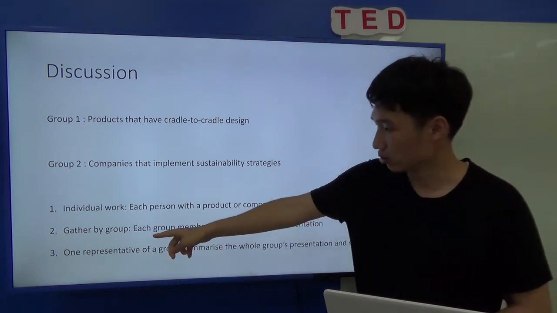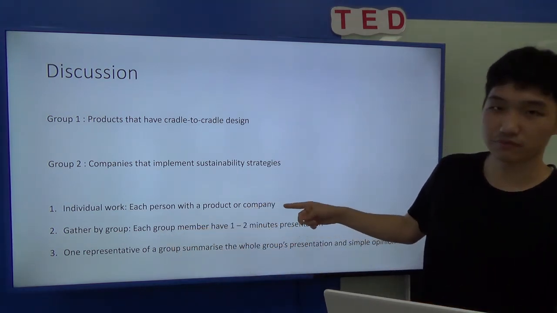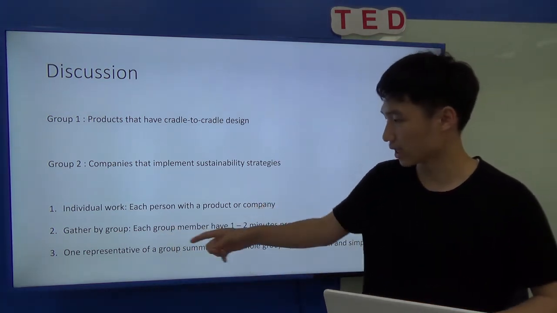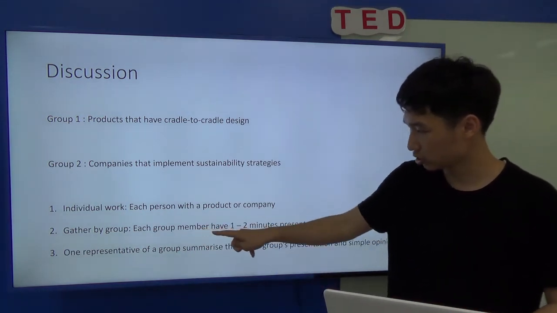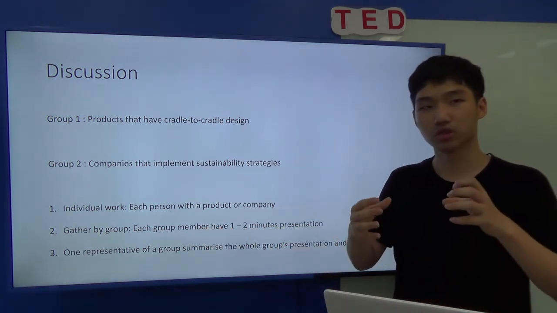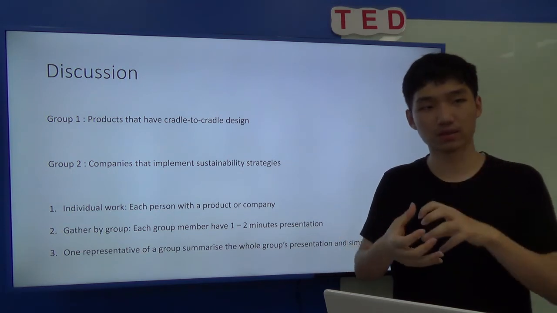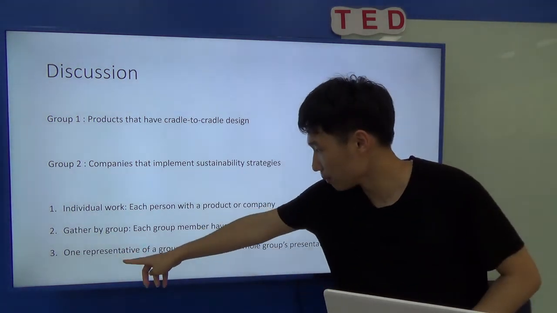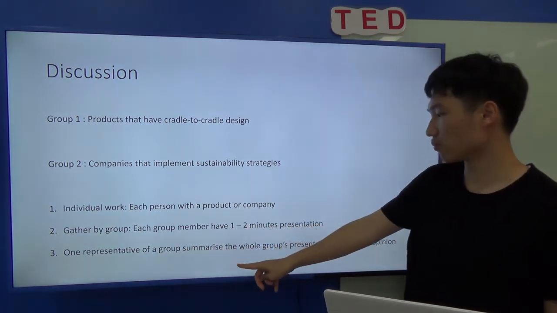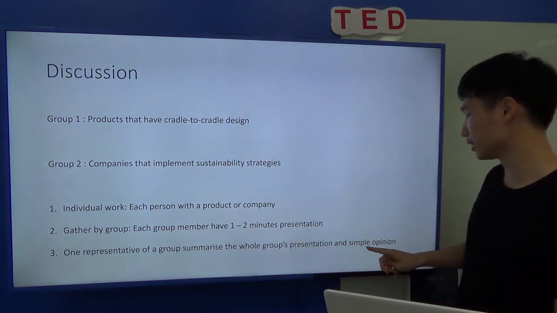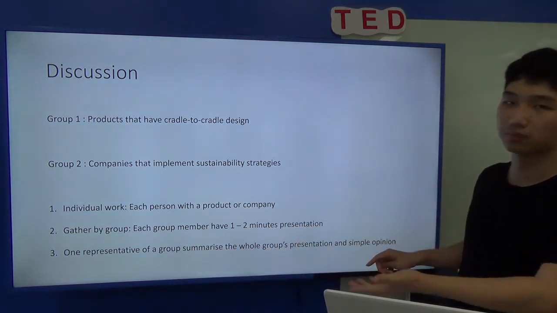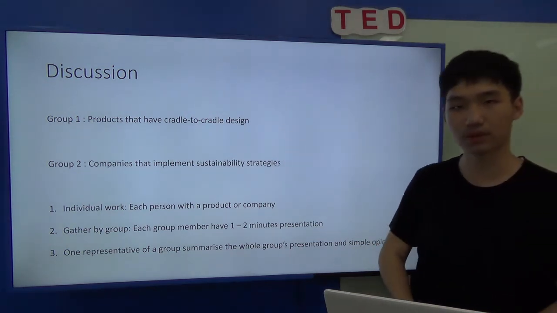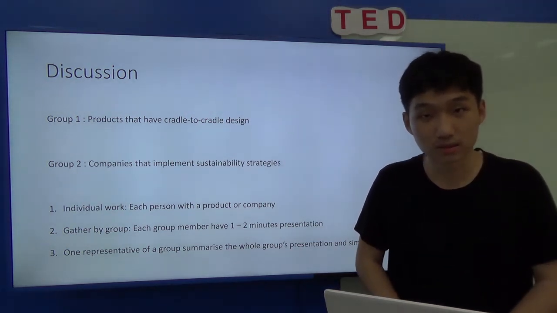This will take like 5 to 7 minutes. Second, you gather by group, and each group member will have 1 to 2 minutes to share the company or product they researched. Finally, one representative of each group summarizes the whole group's presentation and presents a simple opinion about the discussion topic. Everyone get this?